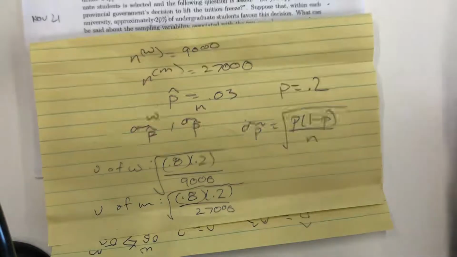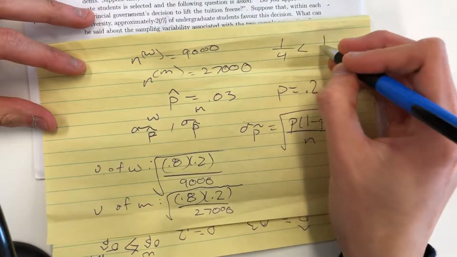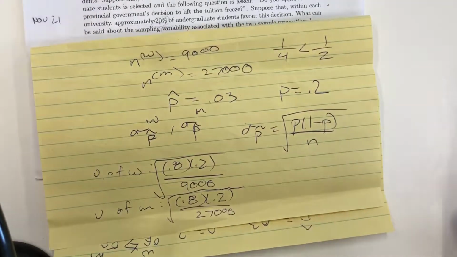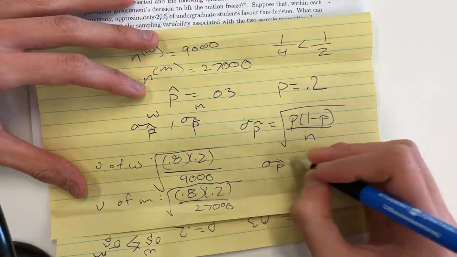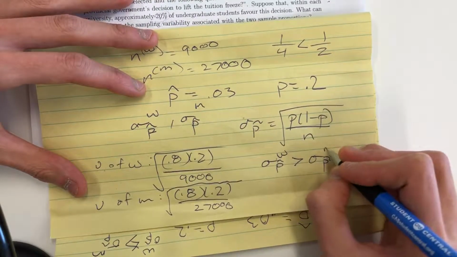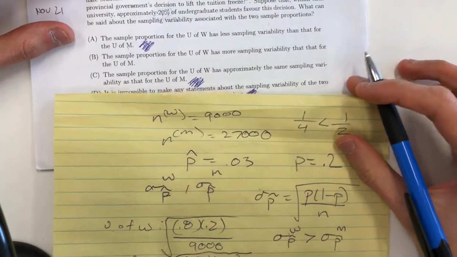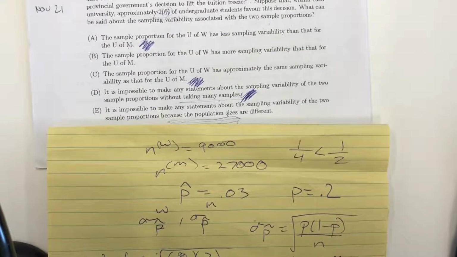Remember, for fractions, 1 over 4 is less than 1 over 2, right? So that means sigma P hat for U of W is going to be greater than sigma P hat for U of M. So for the letter choices here, the most feasible one will be letter choice B.